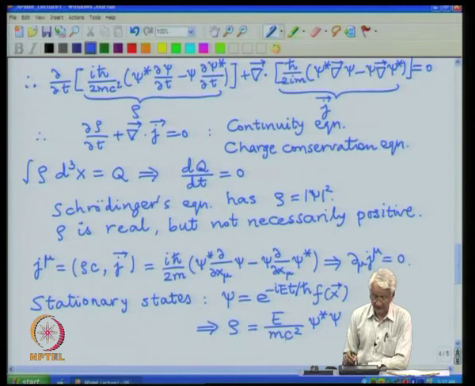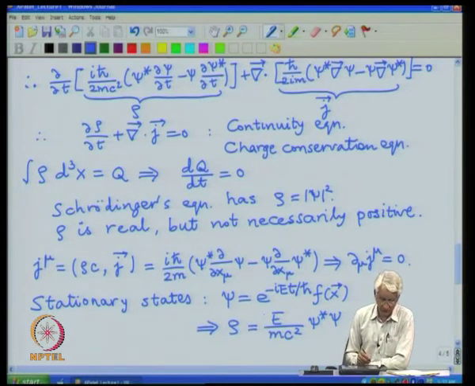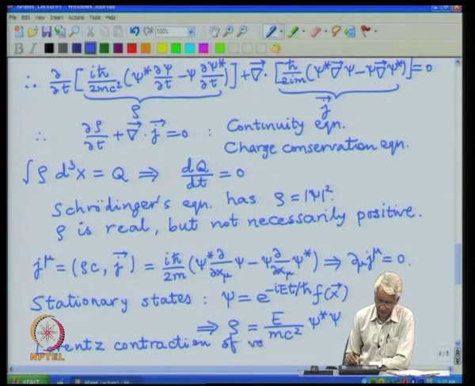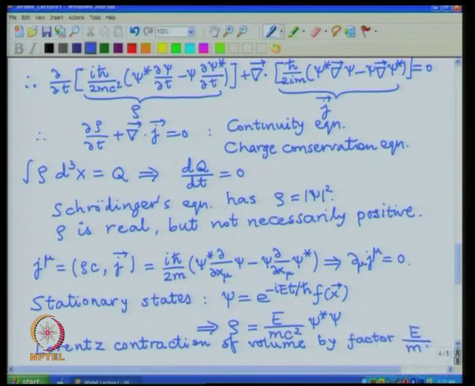Now, there is a very simple interpretation of this overall factor, which is connected to the fact that the space and time coordinates mix under Lorentz transformations, and so the overall objects which are involved in, say, the definition of Q, they undergo certain transformations, and one famous result is that there is a Lorentz contraction of the volume, and the contraction factor is precisely the ratio of E by mc square.